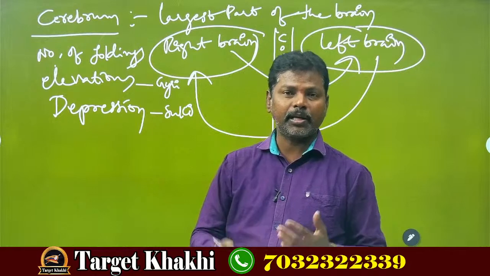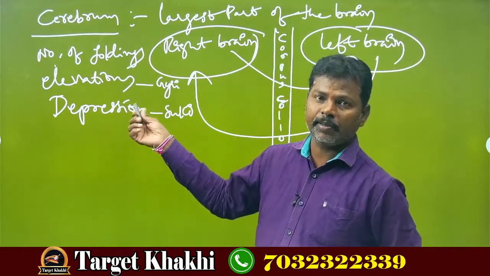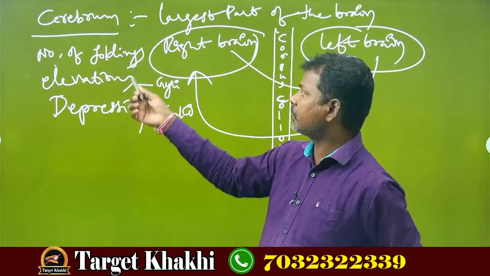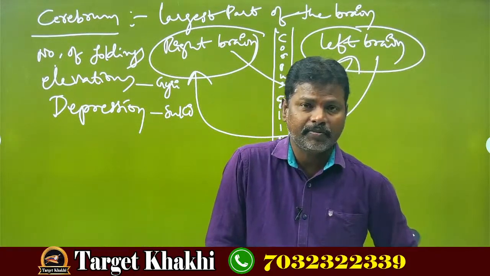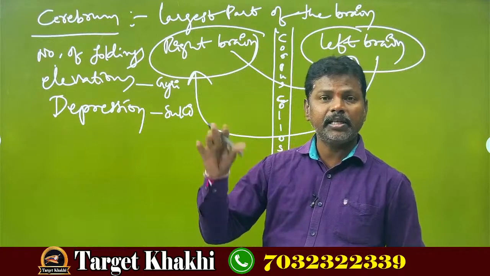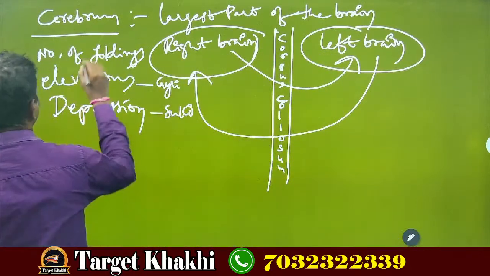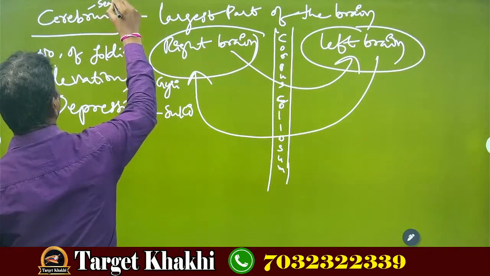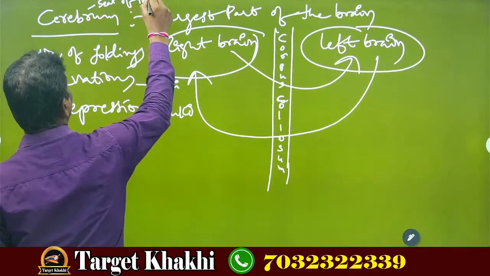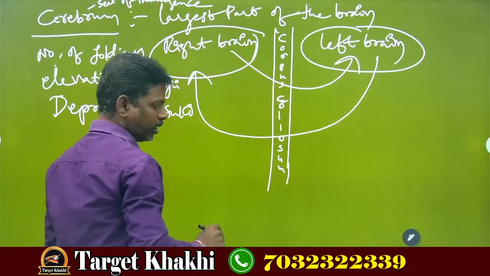Muscular movement, bone movement, everything comes under cerebrum activities. That's why it is called the seat of intelligence, thinking and memory. Understood?